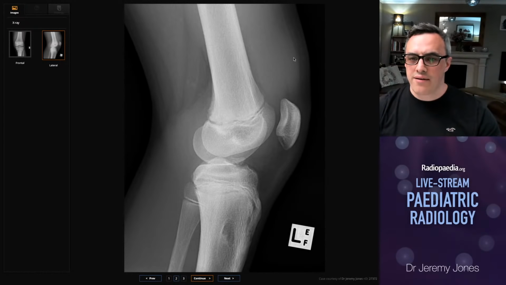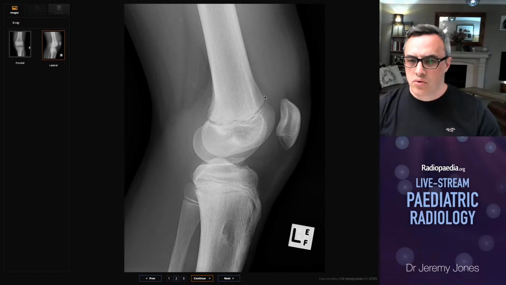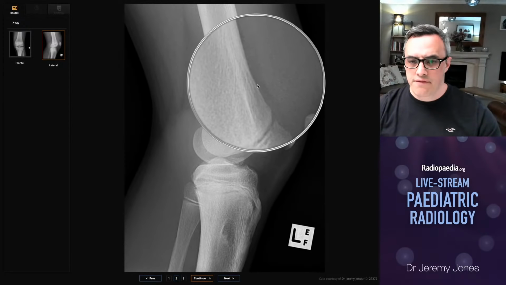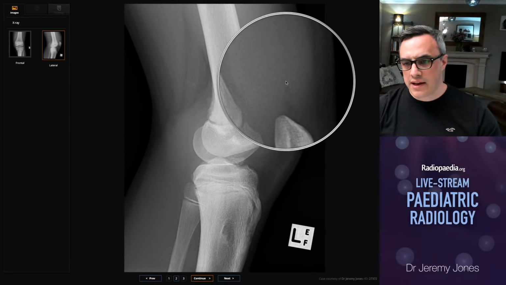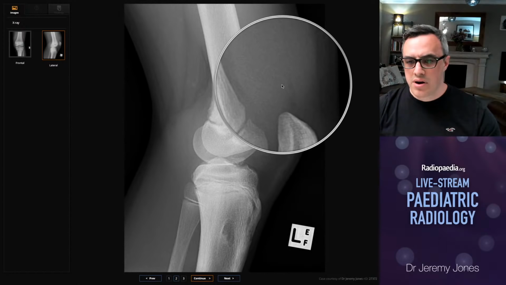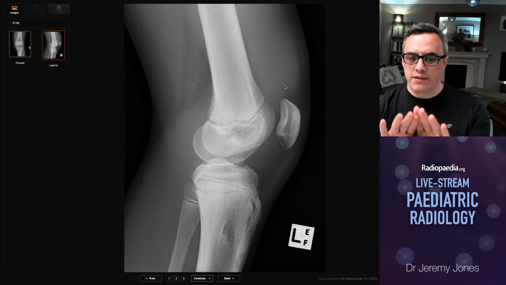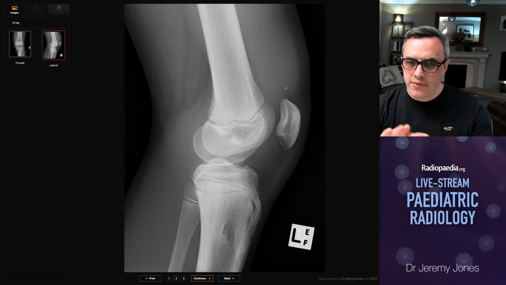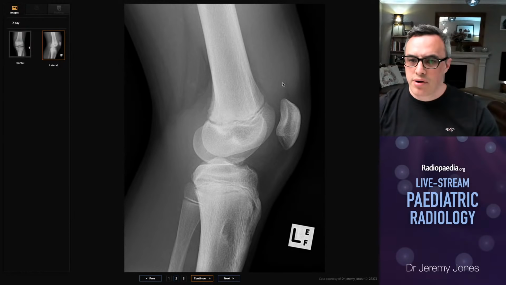So on the lateral, there is a huge suprapatellar effusion. We are looking for this prefemoral fat sitting here, and the little triangle of fat just above the patella. And we're looking to see that fat being separated. As it separates, that's because fluid has built up in the suprapatellar pouch.